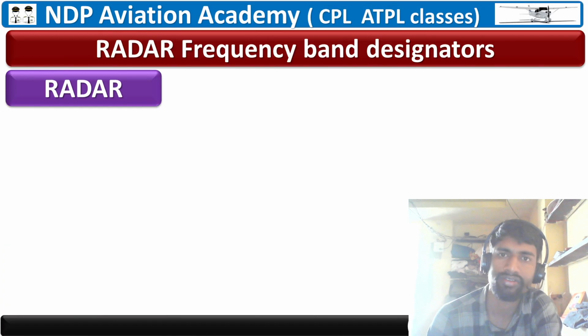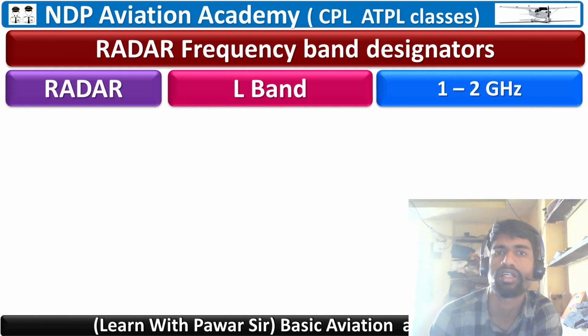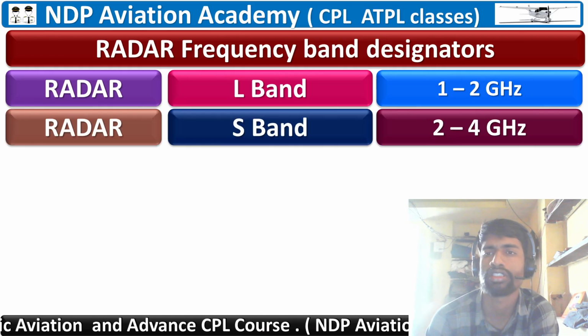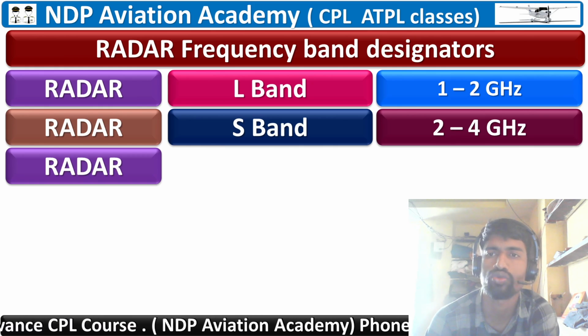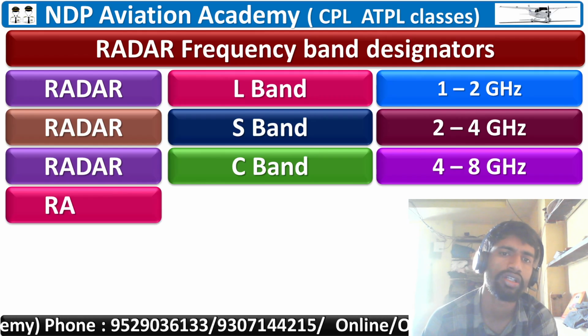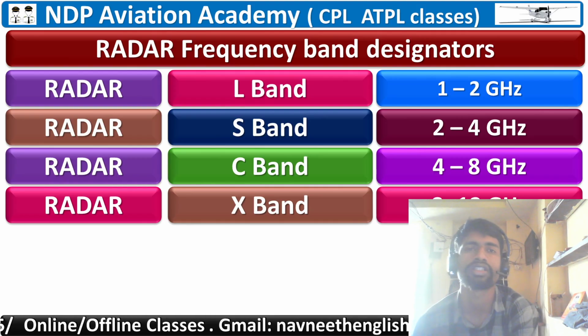Next, radar frequency designated, we want to learn. Radar L band, radar S band. What is the gigahertz? 1 to 2 gigahertz, and 2 to 4, radar band C, radar band X. One by one I will explain to you.